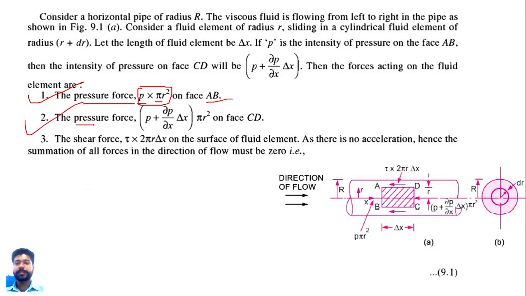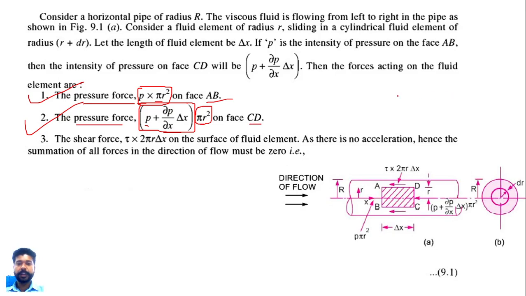Likewise, the second force is applied on side CD, that is P plus del P upon del x into delta x. It means the pressure intensity changes in the direction of x. So the pressure value into the area pi r square is applied on the side CD.